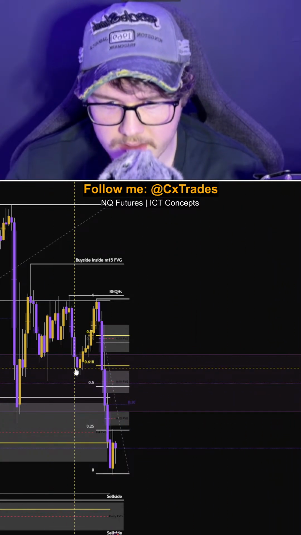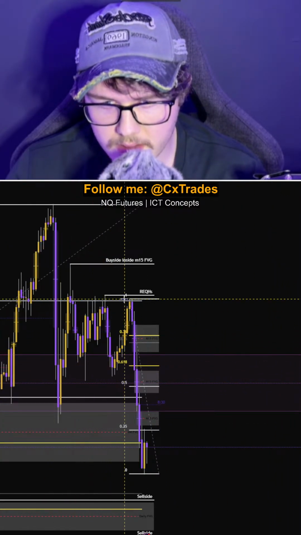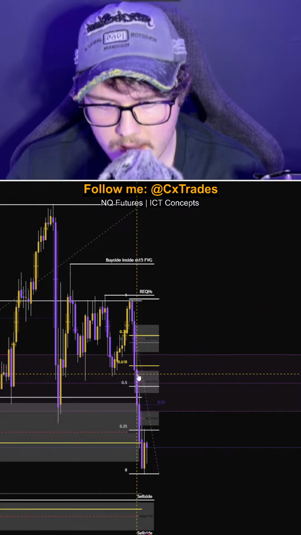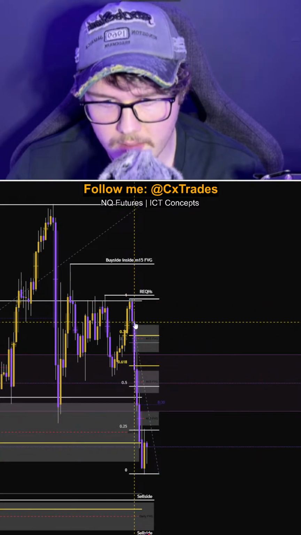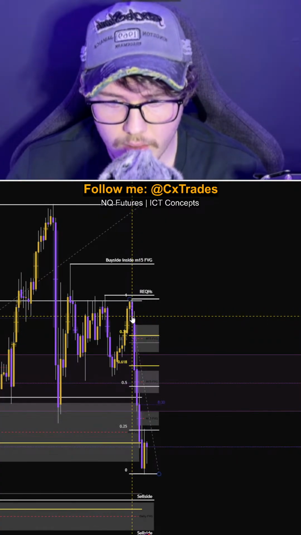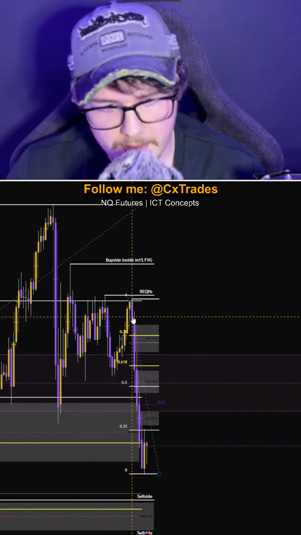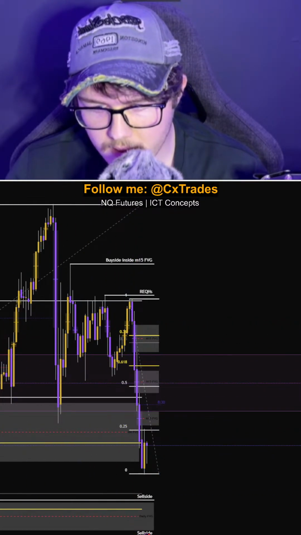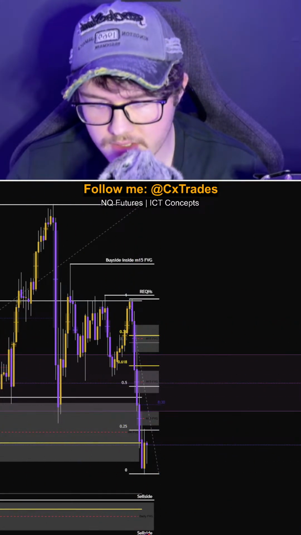Let's look at 8:30. I don't want to look way over there. 8:30 expanded or manipulated, depending on how you look at it. But I'm going to call this. Let me pull up the cheat sheet here.